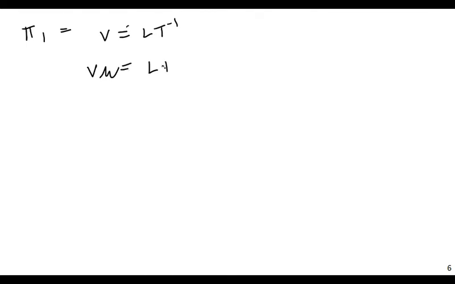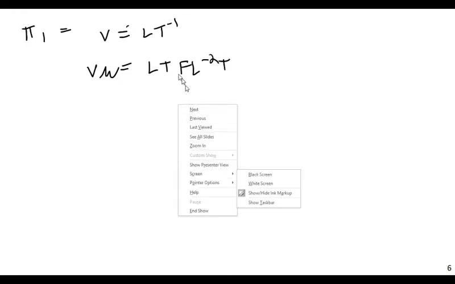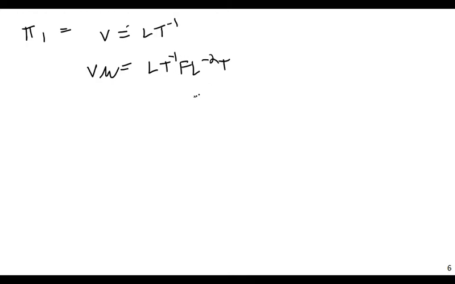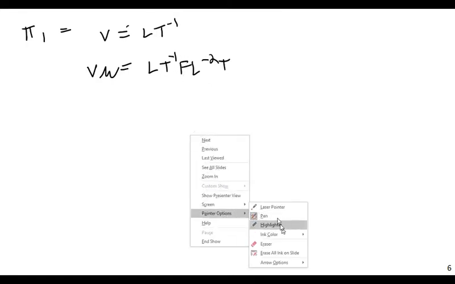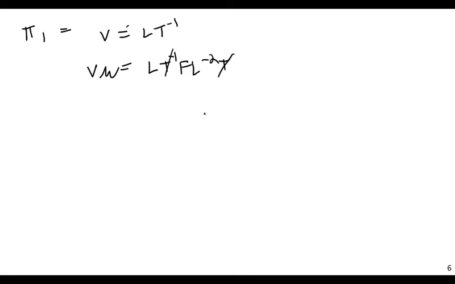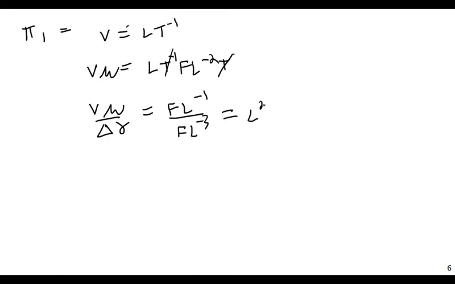Well, then I'll have L t to the negative 1 times F L to the negative 2 times t here. And with that, my time dimension goes away. Then I might say divide by delta gamma. So V mu over delta gamma is equal to F L to the negative 1 over F L to the negative 3, and that will come simply to L squared.